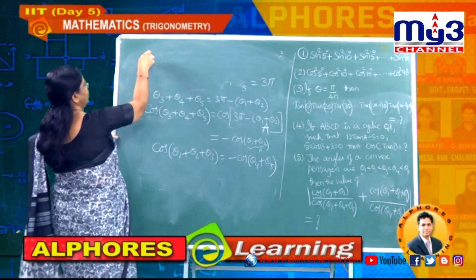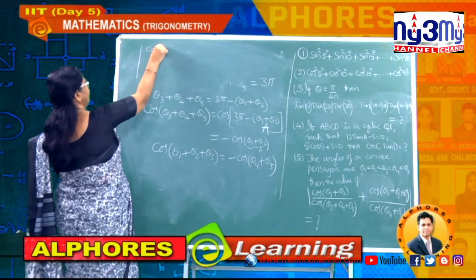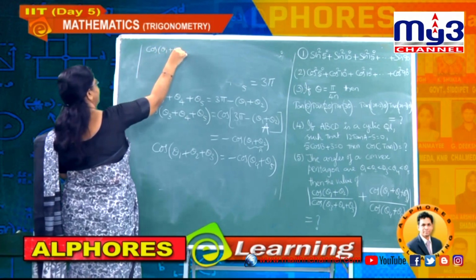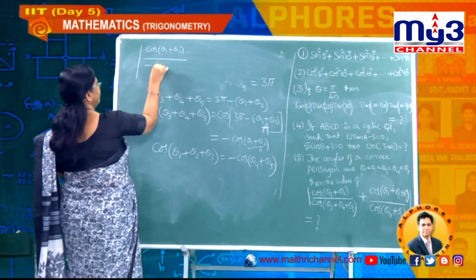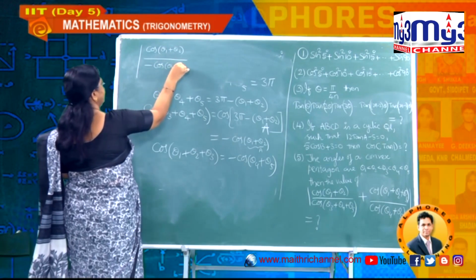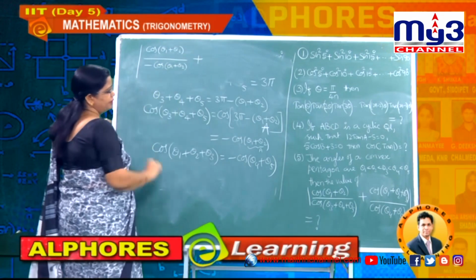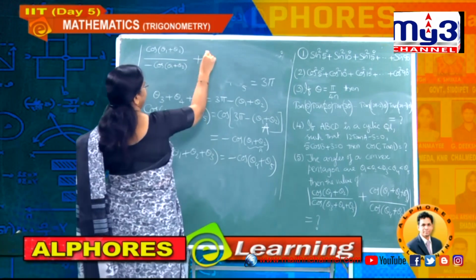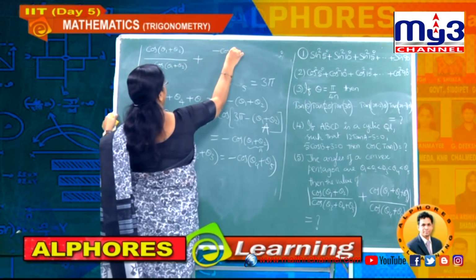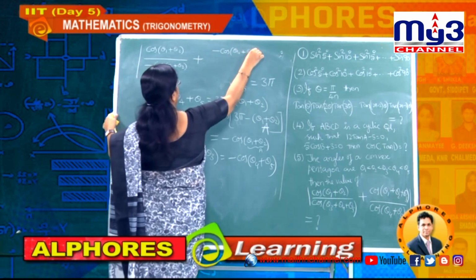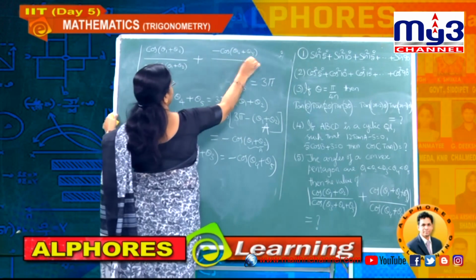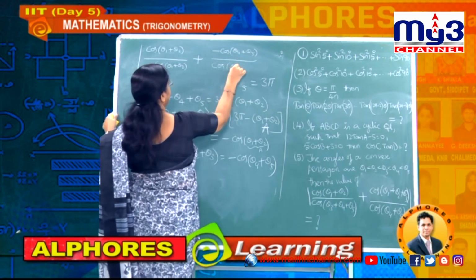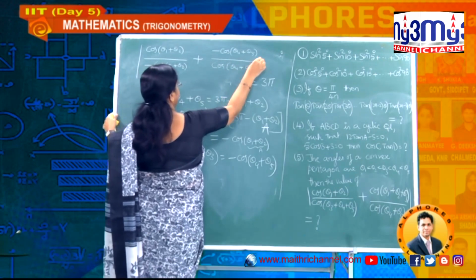So finally it is cos of theta 1 plus theta 2 divided by denominator minus cos of theta 1 plus theta 2. Next here plus numerator we substitute minus cos theta 4 plus theta 5, denominator again cos theta 4 plus theta 5. So mod is there in the problem.